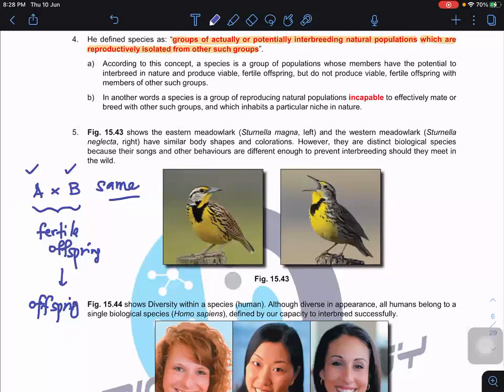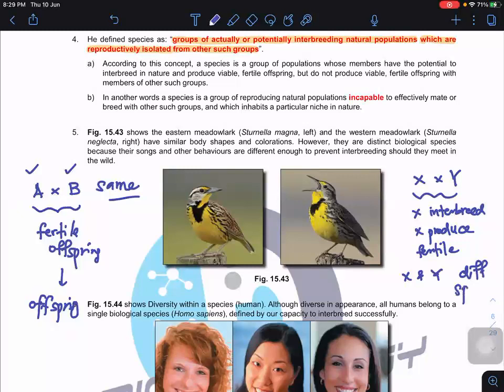If I take another two organisms, X and Y, that look alike, very similar, but when they reproduce, either they cannot interbreed or they cannot produce fertile offspring, then X and Y belong to different species.